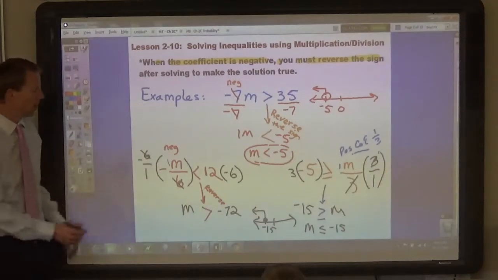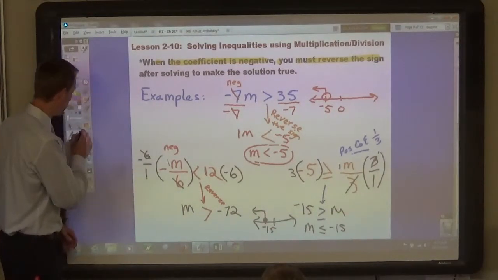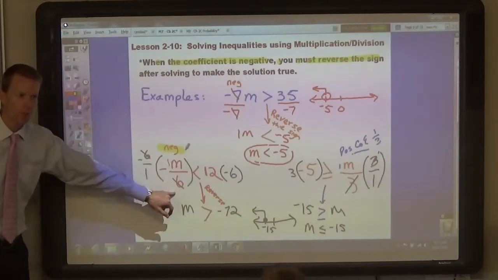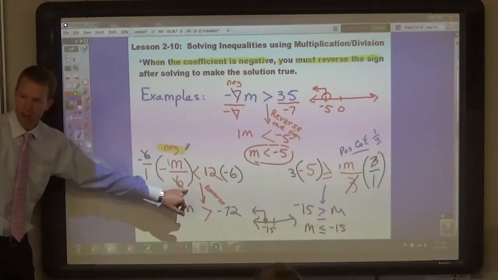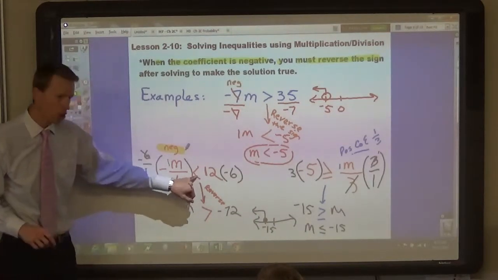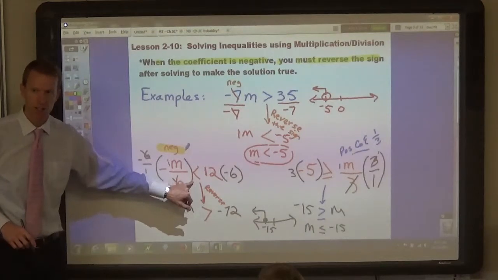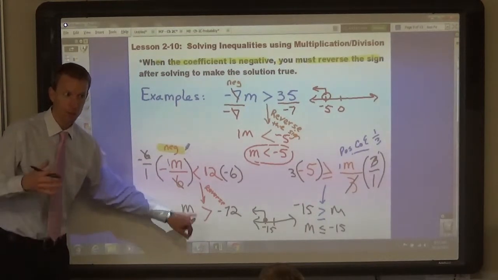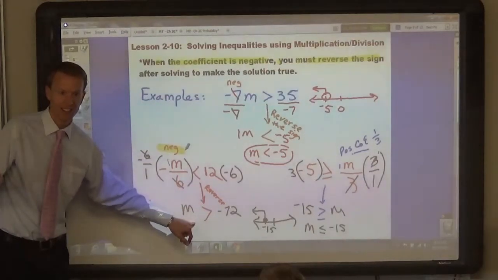Now, this is negative again, isn't it? Negative 1 over 6. Whenever you have a negative number in front of the variable, you have to reverse the sign at the end. So this changes from less than to what? Less than to greater than.